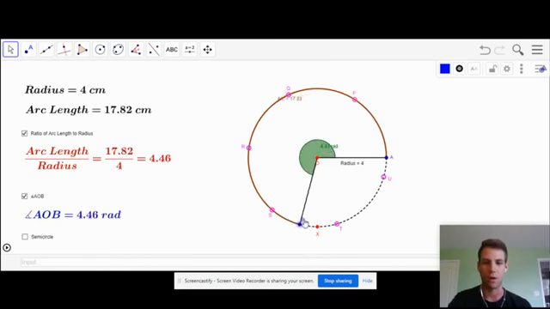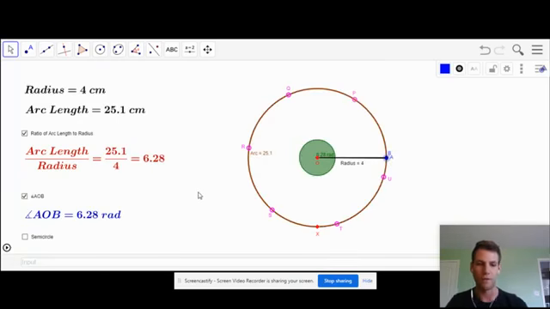And if we go to the very end of this circle, we have 6.28 radians like we discussed before. We have 1, 2, 3, 4, 5, 6, and 0.28 radius lengths around the outside. And you can see the arc length would be the full circumference. If I took 4 times 2 pi, I would get 25.1 as my circumference.